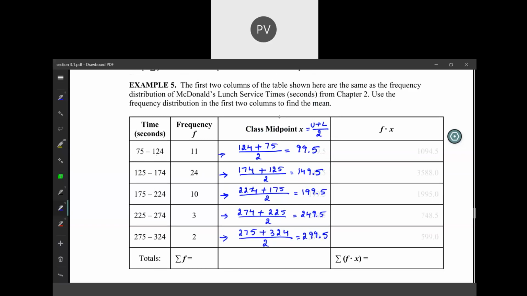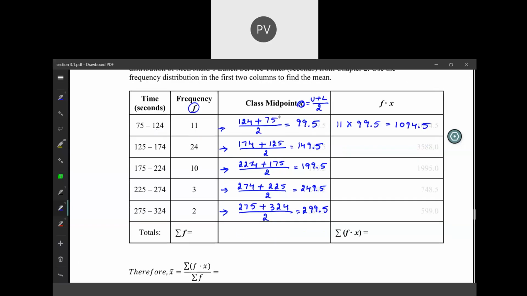Now next is to compute f and x. Okay, this is nothing but multiplication, right? Product of the frequency f here and the midpoint x here. Simply multiply 11 with 99.5. 11 into 99.5 will give me 1094.5. The same way, frequency is 24 here. So 24 into 149.5 will give me 3588.0.